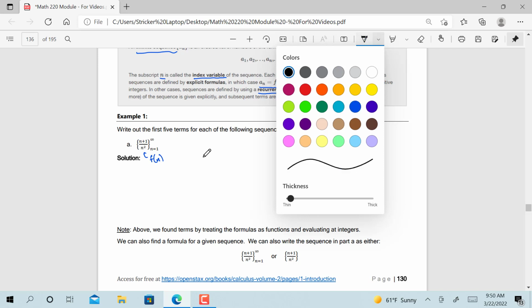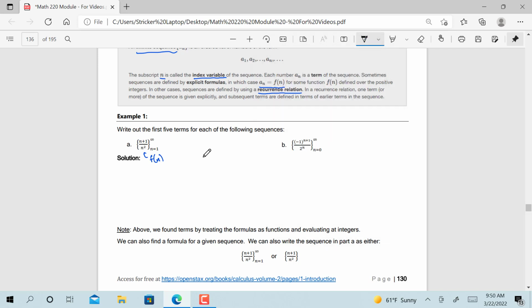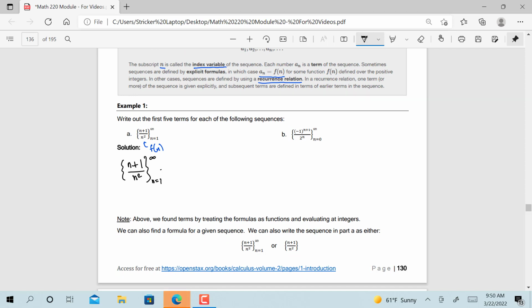To write out the first 5 terms, let's rewrite the sequence: n plus 1 over n squared, from n equals 1 to infinity. You just start with 1. When you plug 1 in, you get 1 plus 1, which is 2, over 1 squared, which is 1. So we get 2 over 1, which is 2.